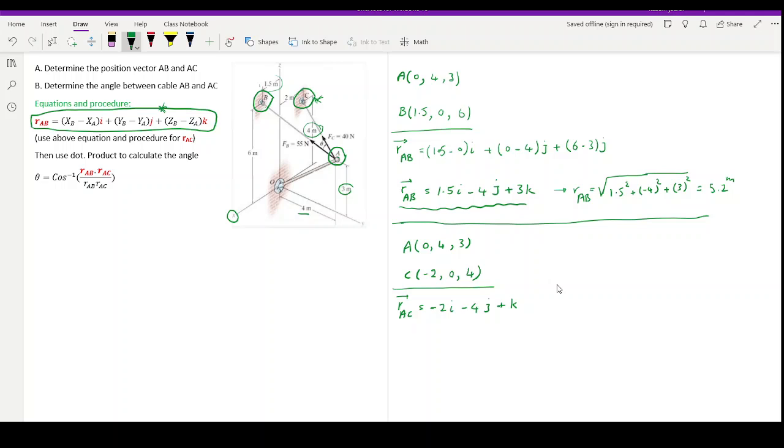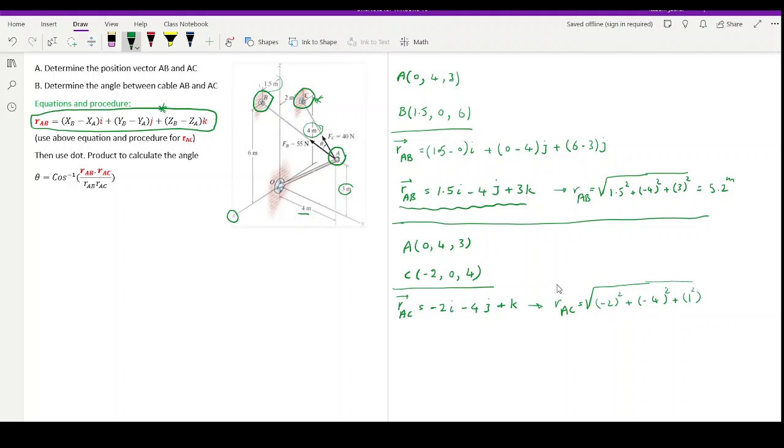So this is position vector for AC, and from there I can find the magnitude of AC using again square root of squares. So negative 2 squared plus negative 4 squared plus 1 squared.